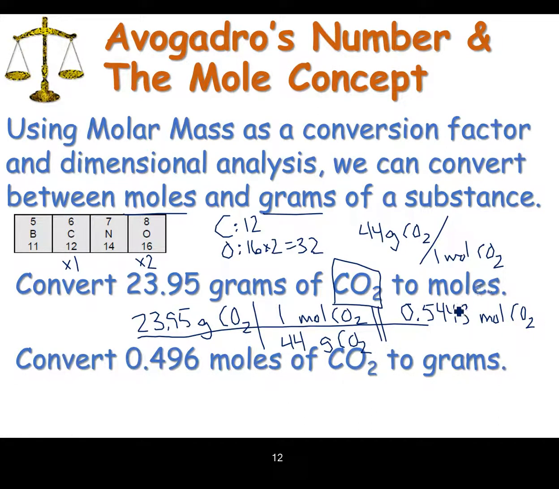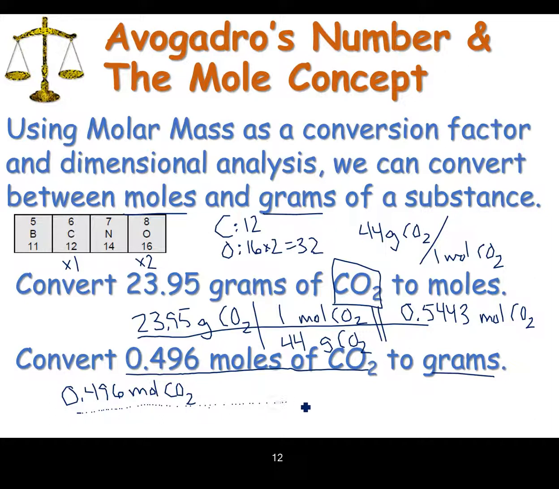Another example going the other way, now we want to take 0.496 moles of CO2 and convert that into grams. We start just like before, 0.496. This time we have moles, so we abbreviate that mol of CO2. We do our dimensional analysis.